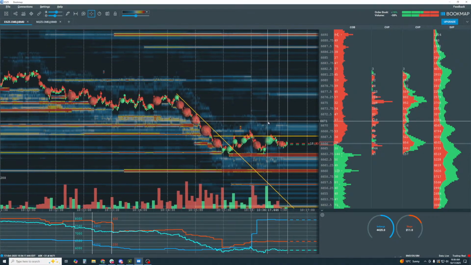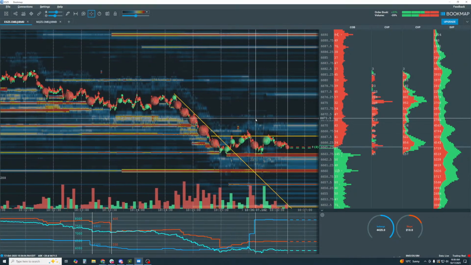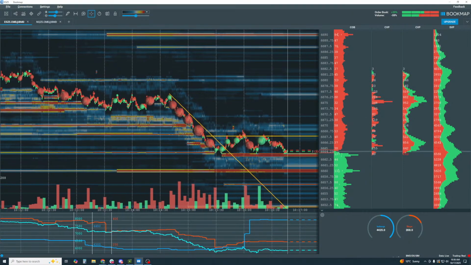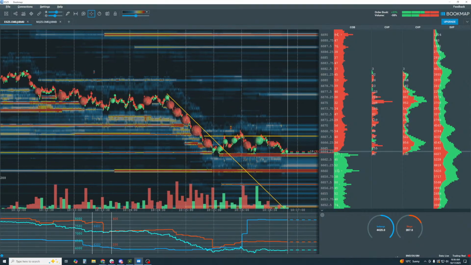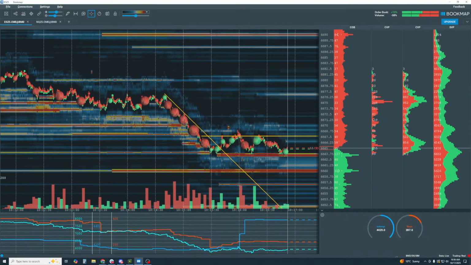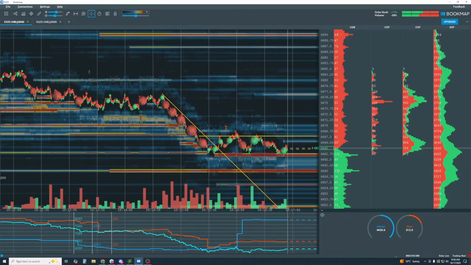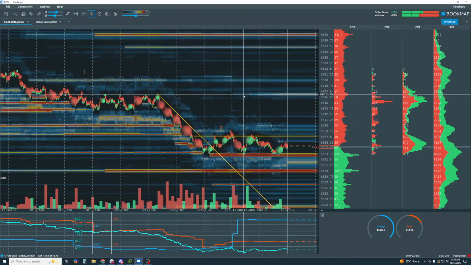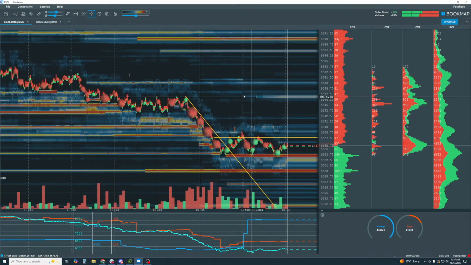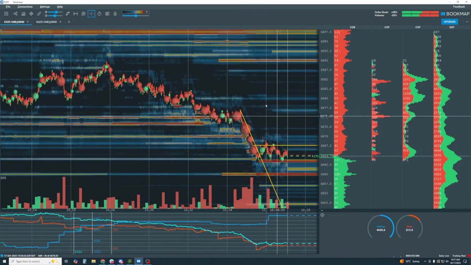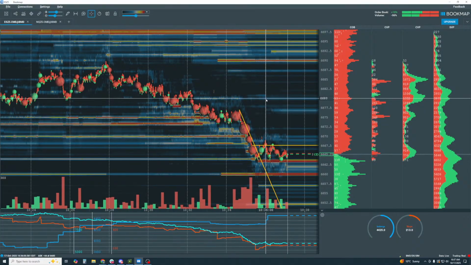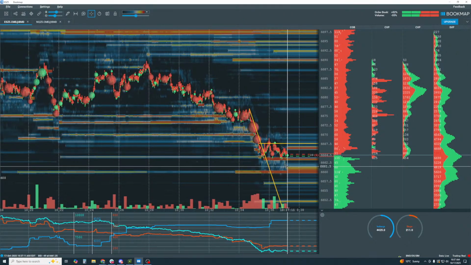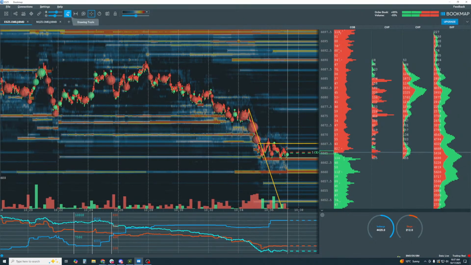Still not enough buyers, and structure is not broken. Boy, if this squeezed here, could be a really nice move.